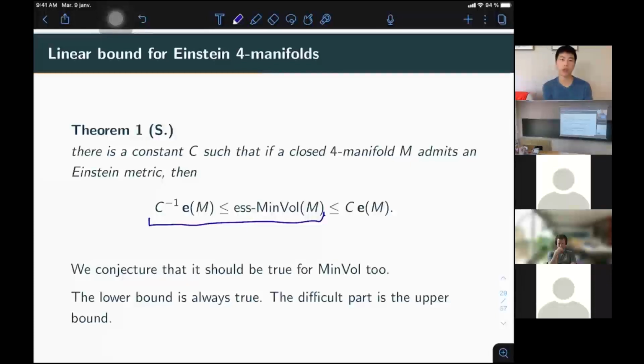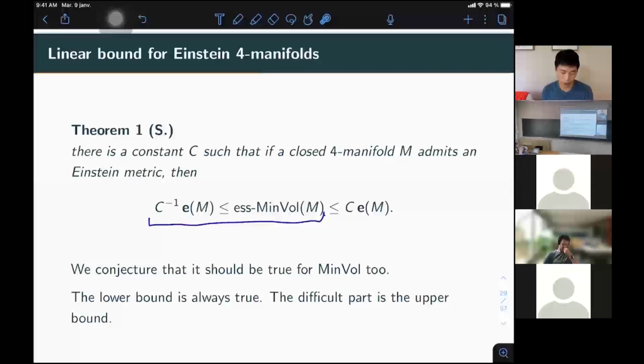Once you know a bit about the definitions and a bit about collapsing theory, then you realize that it is always true. You don't need the Einstein assumption for any manifold to have this lower bound. In general, you should add the absolute value here, but since the Euler characteristic is always non-negative here, you don't need the absolute values.